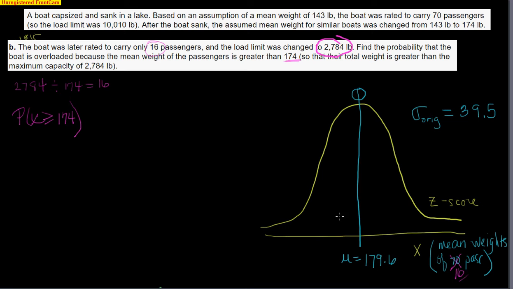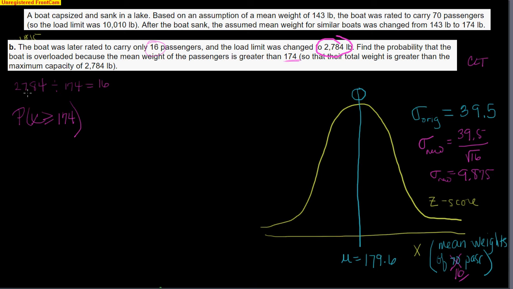And because this is still greater than 1, we still have to use the central limit theorem. So we're going to have to find that new standard deviation, which will equal 39.5 divided by the square root of 16 now instead of 70. We've decreased the number of passengers. Doing that on your calculator, you're going to get a new standard deviation of 9.875. So that's the standard deviation we'll be using for this problem.